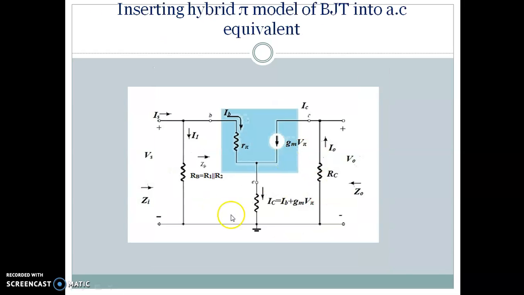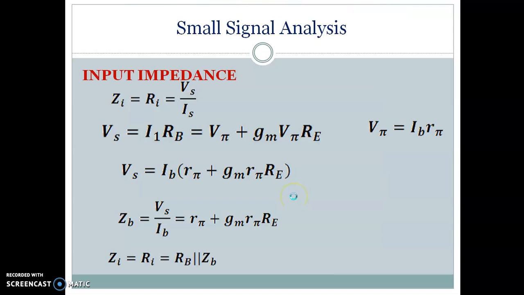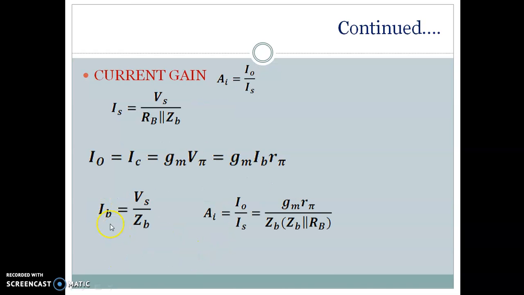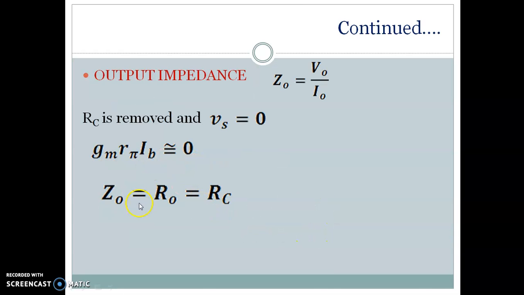So this is similar to case 1 which we have taken. Therefore the input impedance is RB parallel ZB, though the notation used may differ. The voltage gain is approximately minus RC by RE, the current gain is Gm R pi by ZB into ZB parallel RB, and the output impedance is RC.